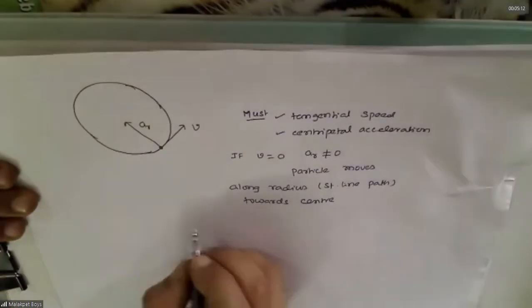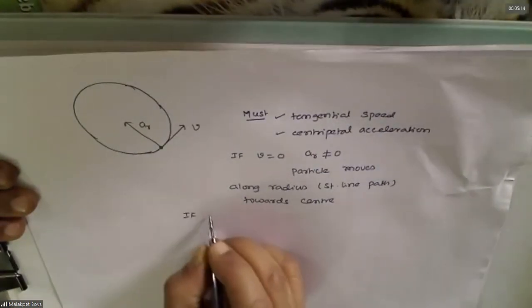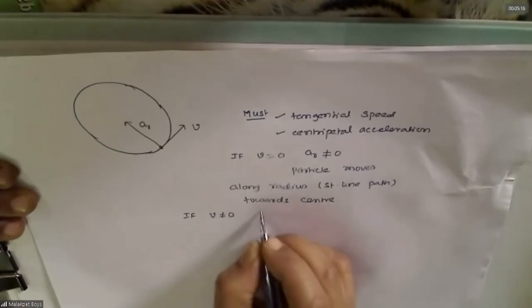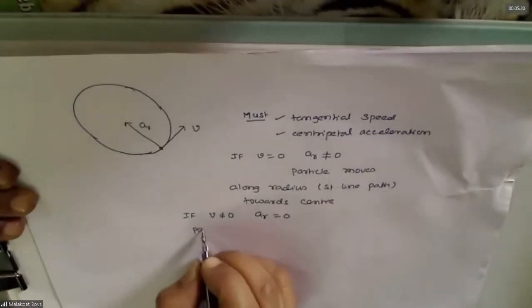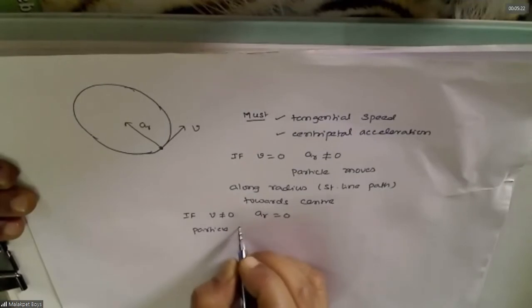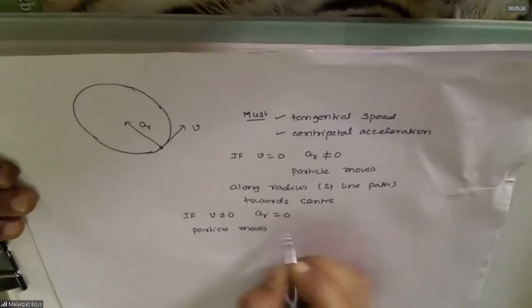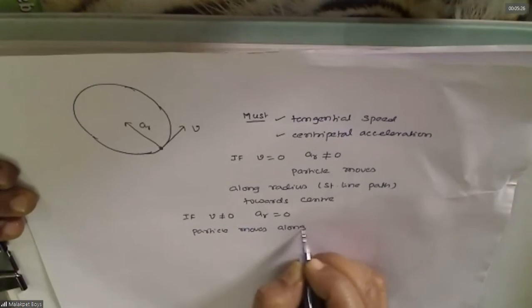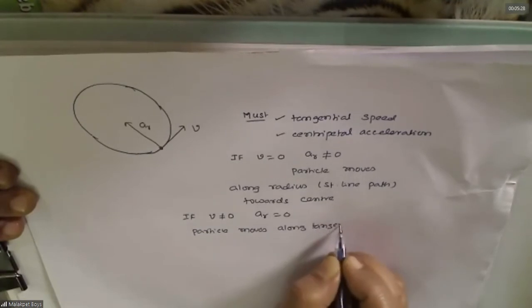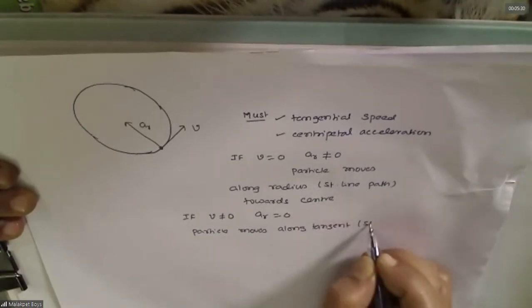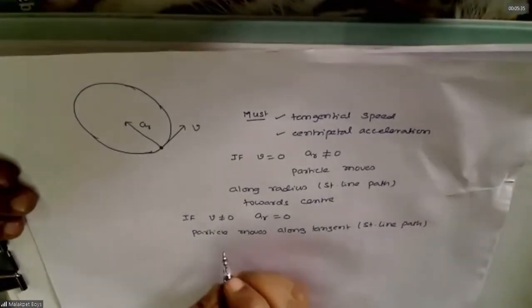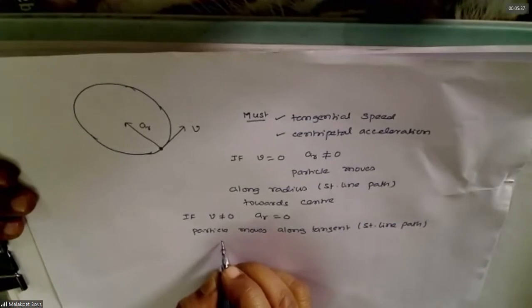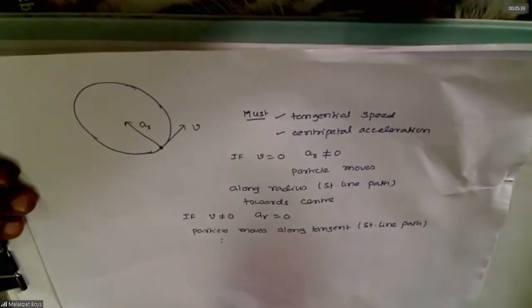If V is not 0 and AR is 0, the particle moves along the tangent. That is also a straight line.